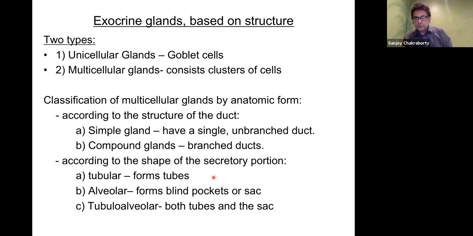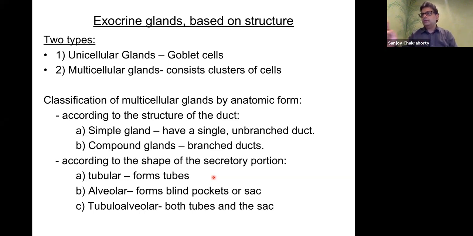And according to the secretory portion, if the secretory portion looks like a long structure, we call it tubular. If the secretory portion forms like a blind pocket, here is an example. If you turn into a lane in a city or town, and it's a dead end lane, that's a tubular structure.